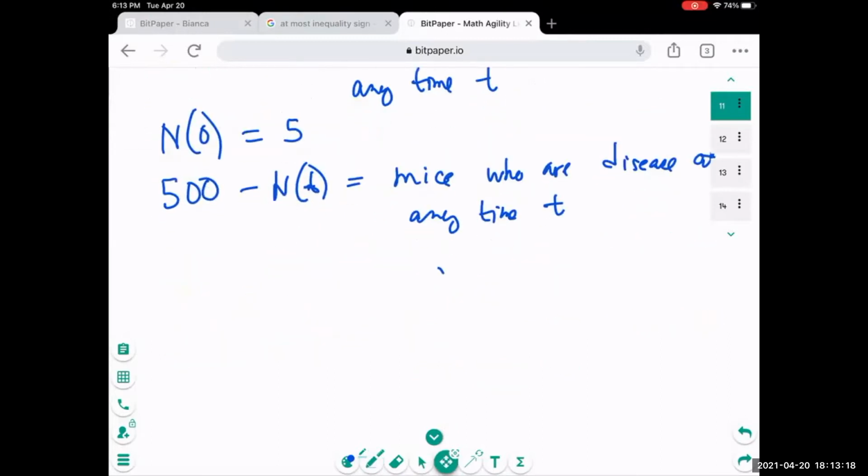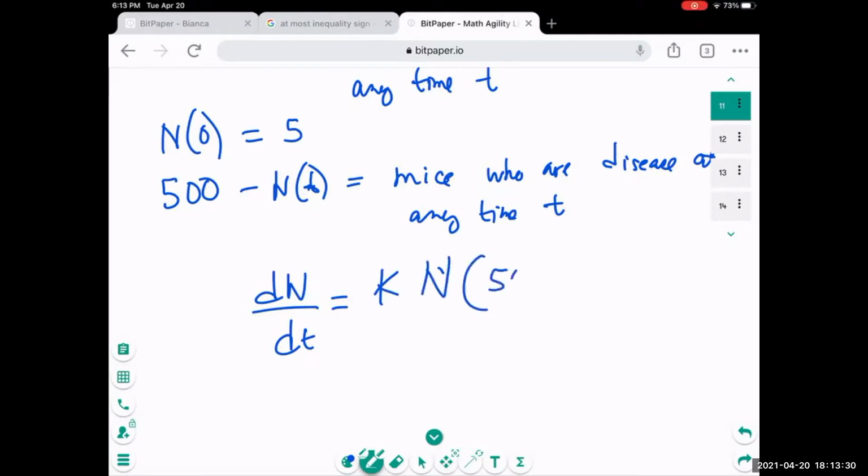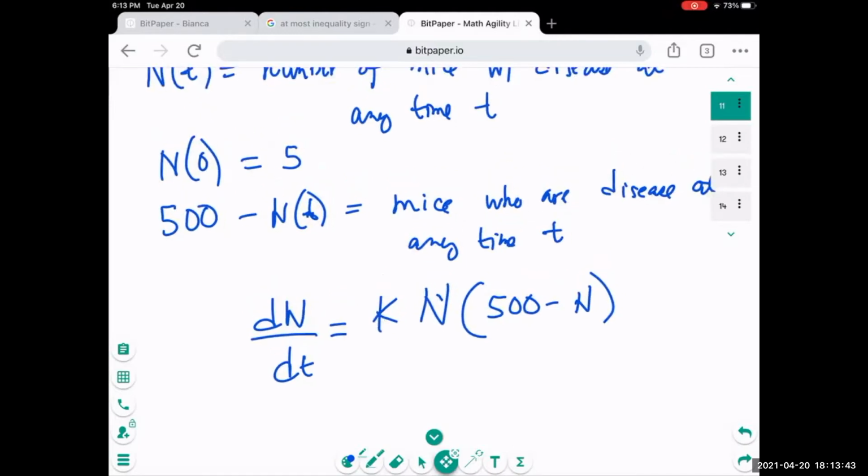If we define dN over dt equals k, our constant of proportionality, times N times 500 minus N, because it says the product of the number of disease-free mice and the number of mice with disease. So N times 500 minus N.